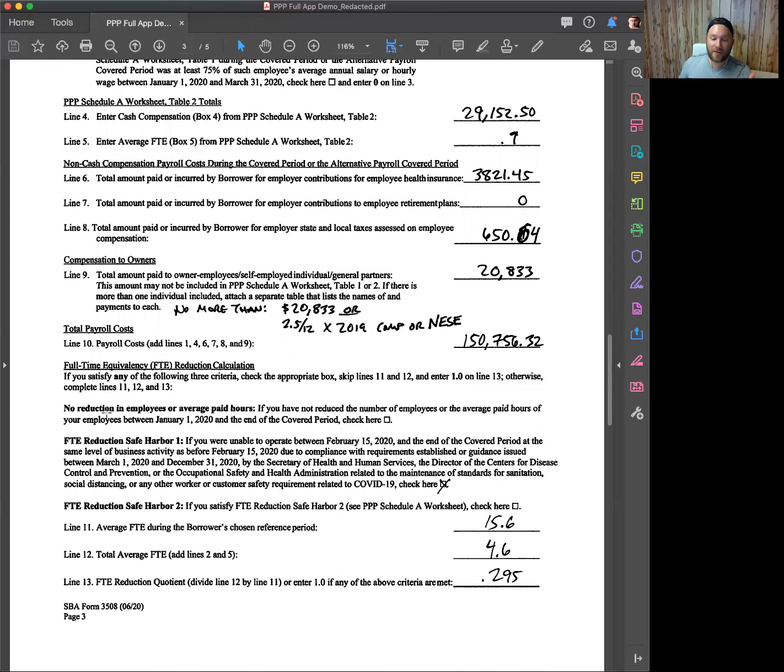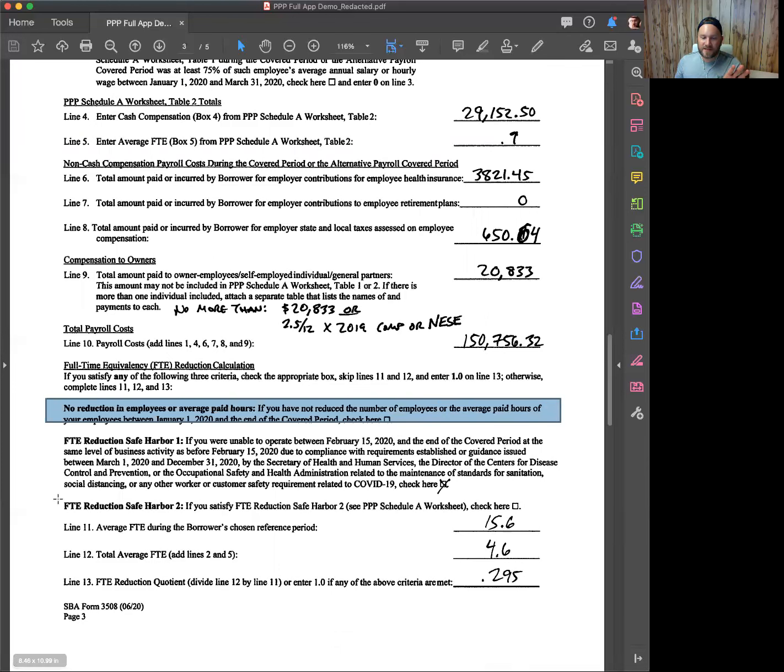If you did not reduce your number of employees or average paid hours from January 1 through the end of your covered period, right? So through roughly now-ish, 6 months or so after you got your PPP funds, you just check that box and you put a 1.0 on line 13 on the first page, okay?